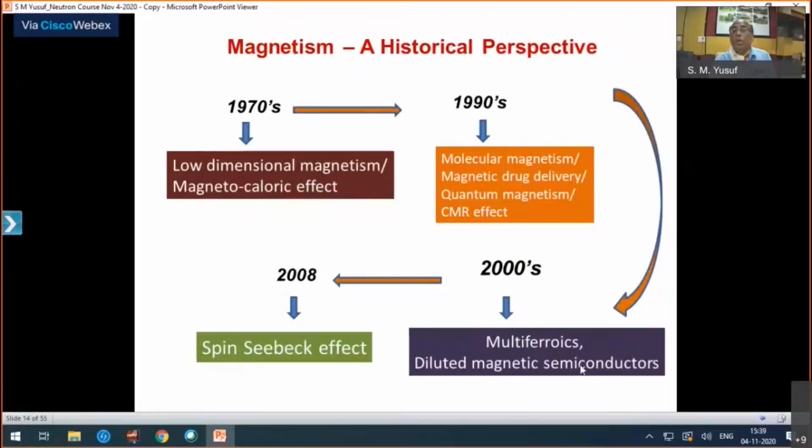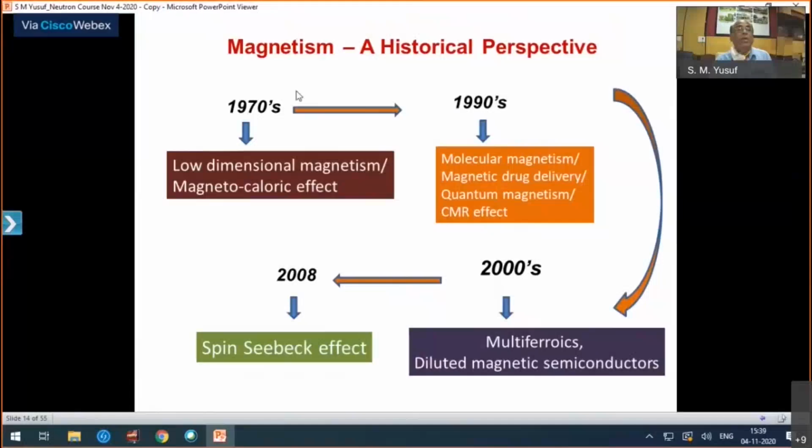So you have more handling parameters, and the semiconductor industry will be altogether different. But the question is how to get magnetic semiconductors which will show semiconducting properties as well as magnetic properties at room temperature. That is the challenge. Then around 2008, another discovery, the Seebeck effect, Peltier effect, but the spin-based Seebeck effect.